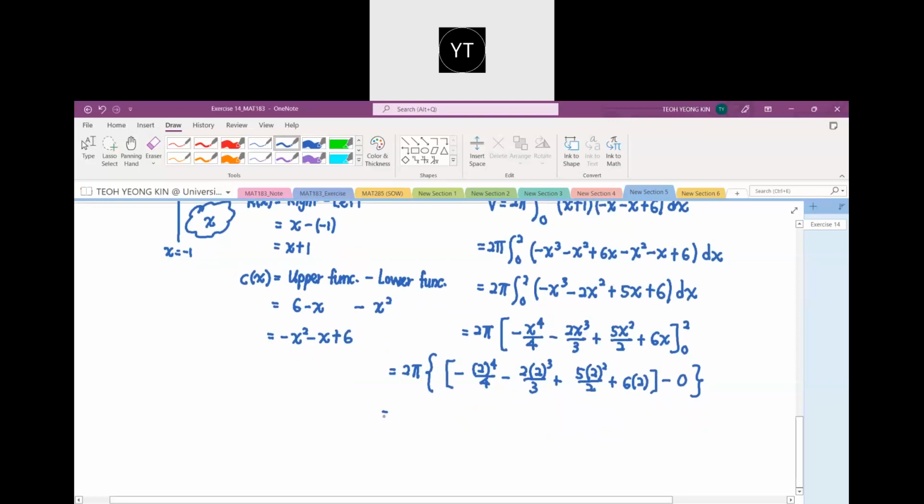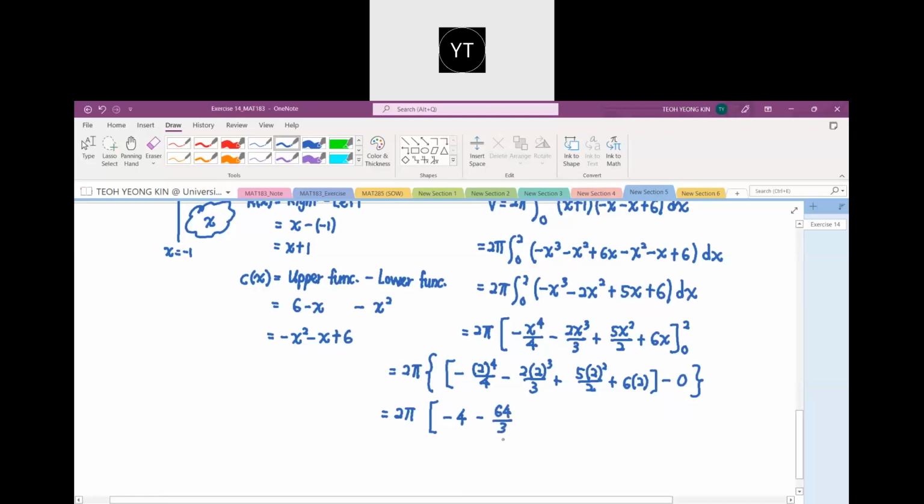So now I just have to concentrate on the first part. 2 power 4 is 16, so negative 16 divided by 4 is negative 4. Minus 2 power of 3, which is 8, times 2 divided by 3.